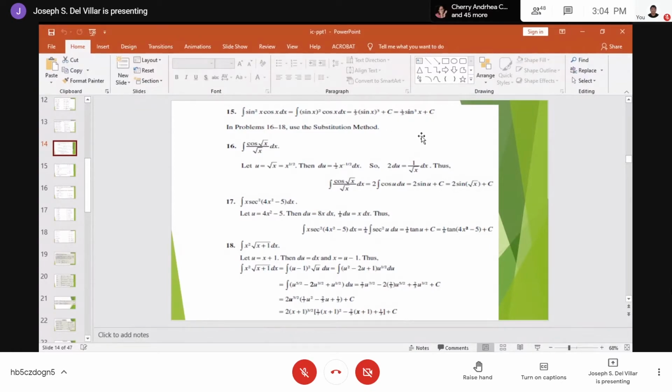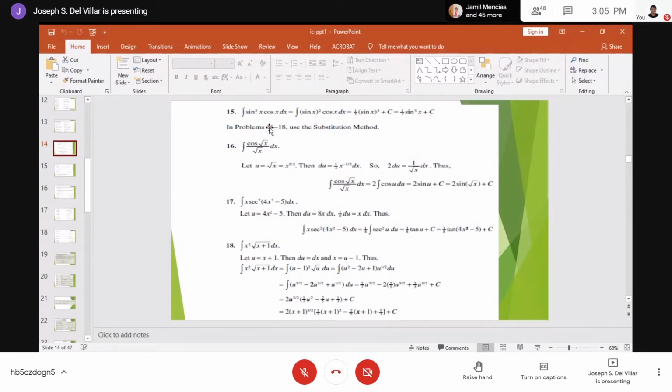In writing the final answer, don't use parentheses anymore. Put the 3 after the sine, like this: sine cube x plus c. So the power formula is used.